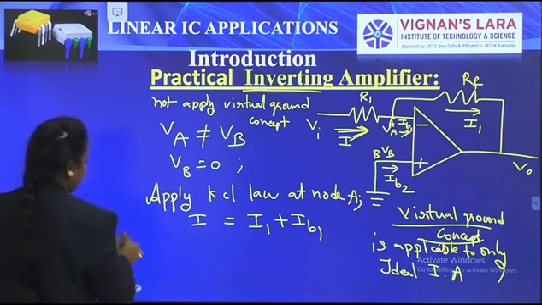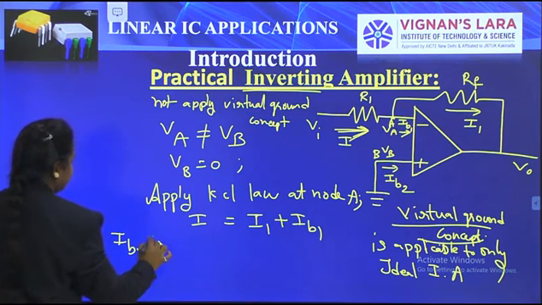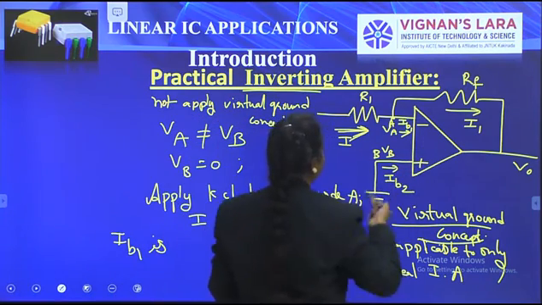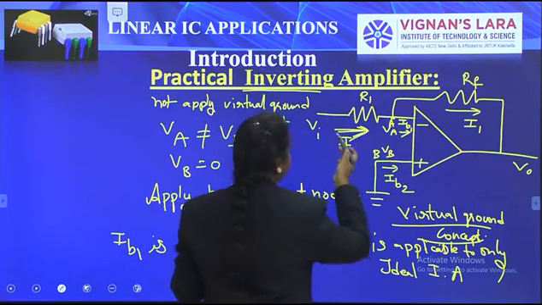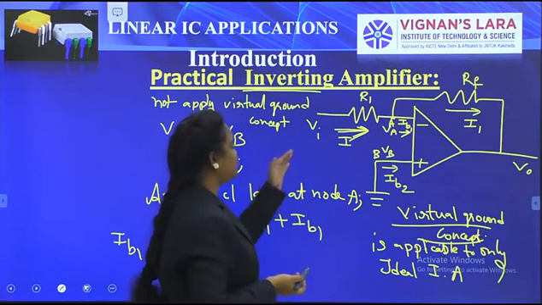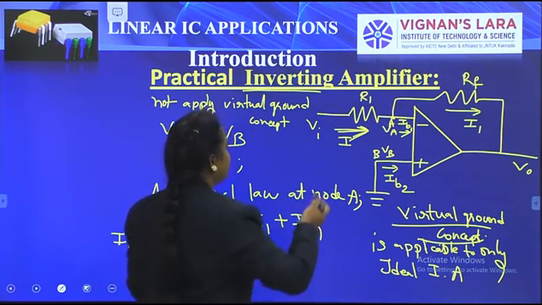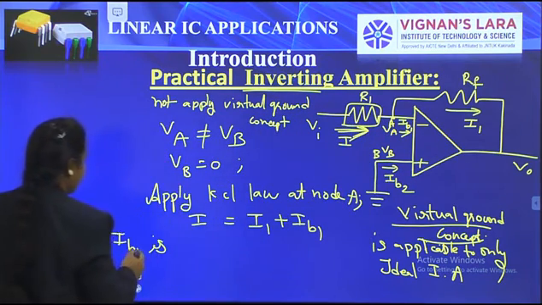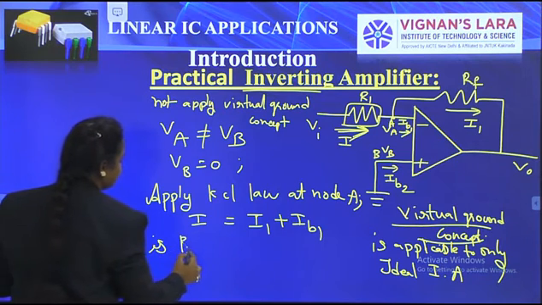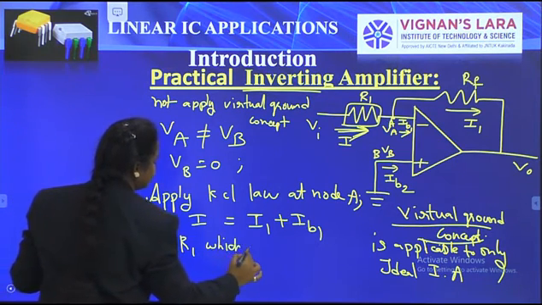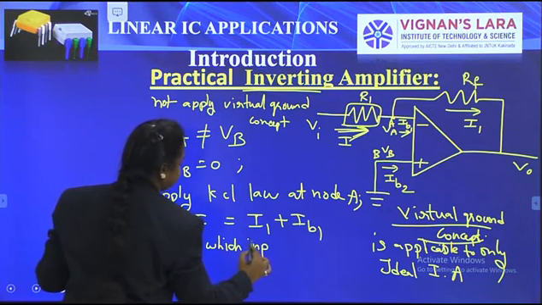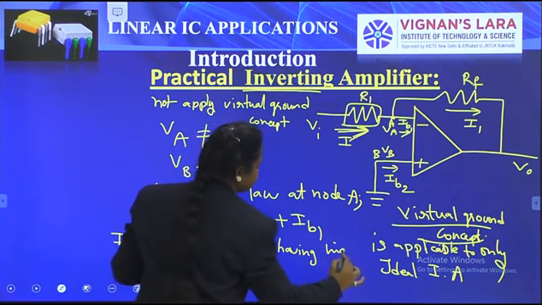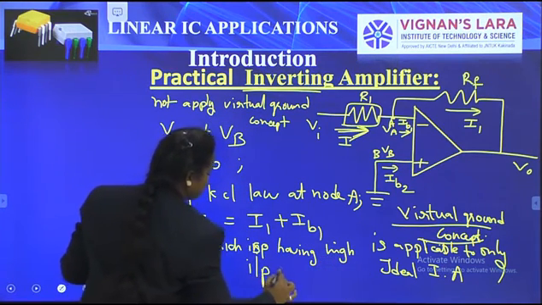Now we have a condition. IB1 is the current flowing through the inverting terminal, where we apply VA as the supply. Here R1 gives a high input resistance, high input impedance.